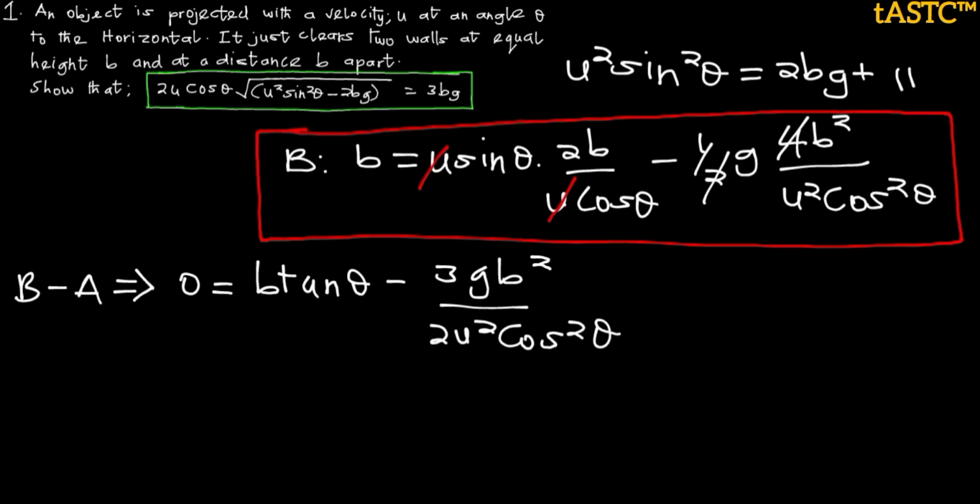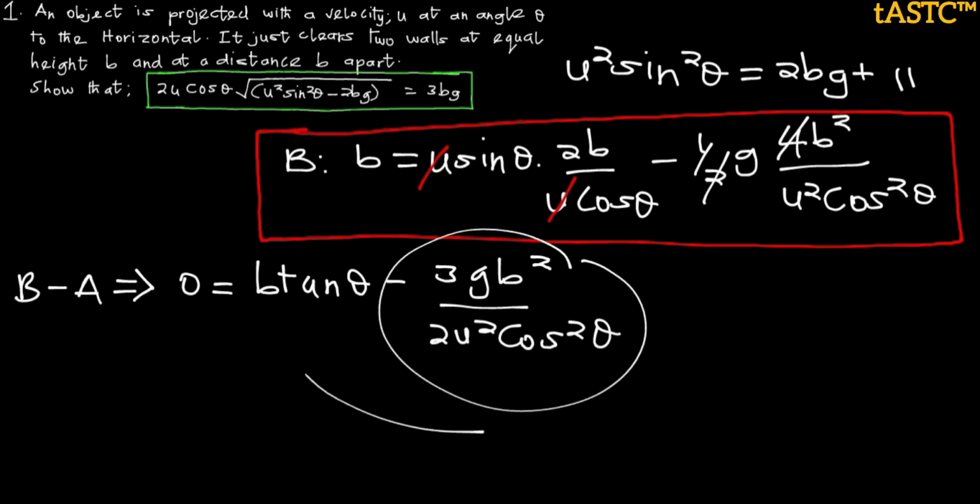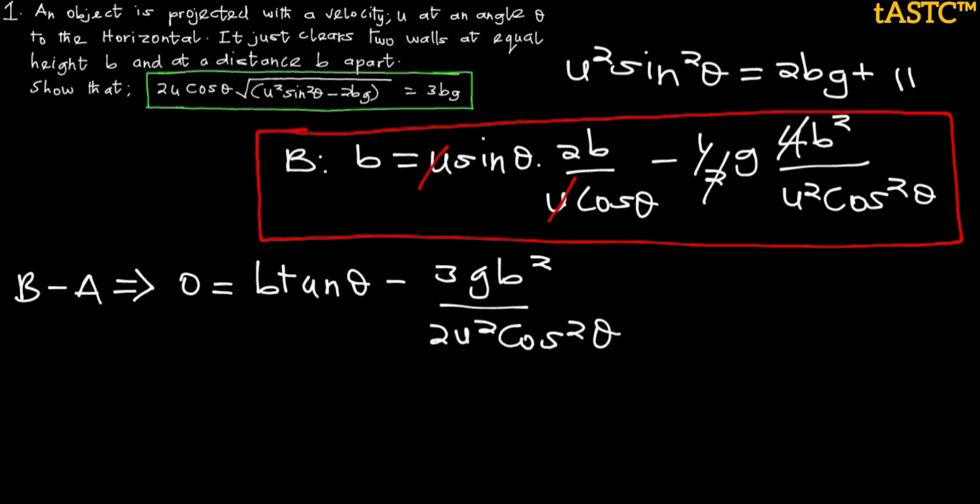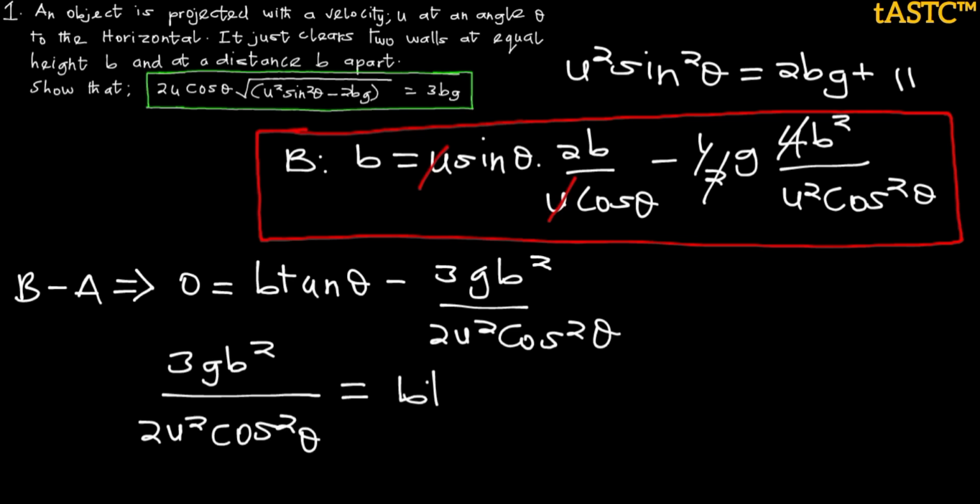Now, in this case, we have a 0. 0 is equal to b tan theta minus 3gb squared divided by 2u squared cosine squared theta. So the first thing I'm going to do is take this stuff to this side. So that is going to be 3gb squared divided by 2u squared cosine squared theta. That will be equal to b tan theta.